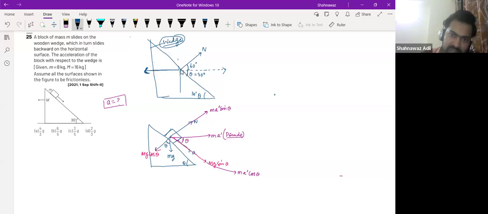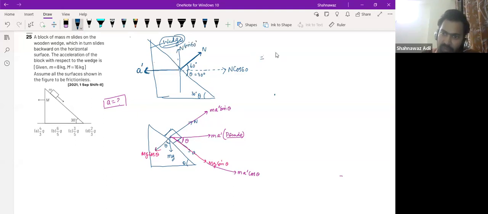Now we have this normal reaction at this point. This normal reaction we can decompose into two parts. This is the acceleration of the wedge. And this angle is 30 degrees, so this angle would be 60 degrees. So this normal reaction will have two components, N cos 60 and N sine 60.